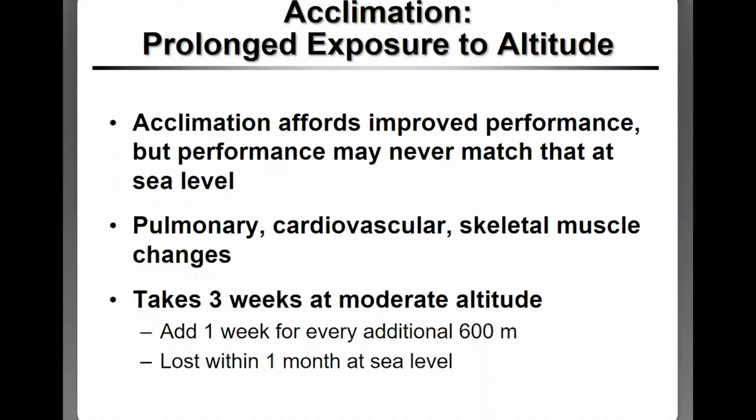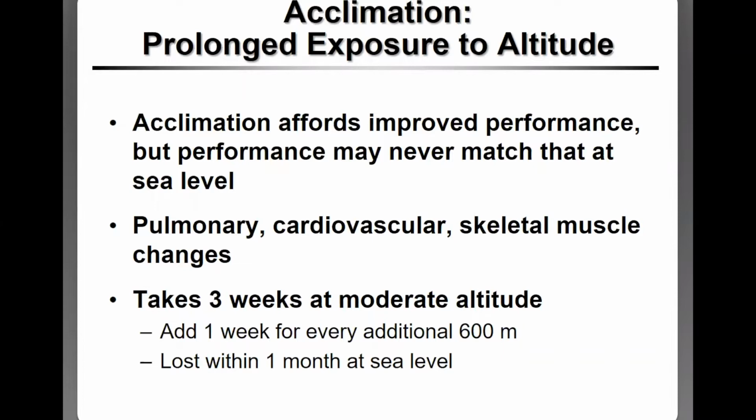In this section, we're going to discuss acclimation or acclimatization to altitude. Remember, acclimation refers to the adaptations that are obtained in artificial conditions. Acclimatization refers to the adaptations that are attained in natural conditions.